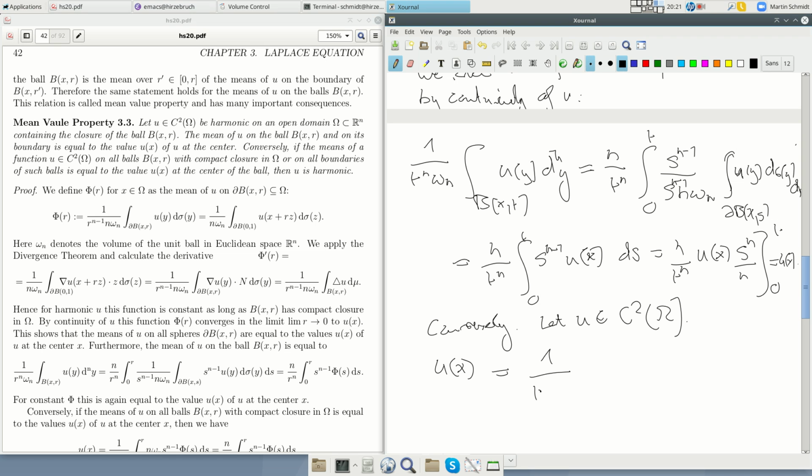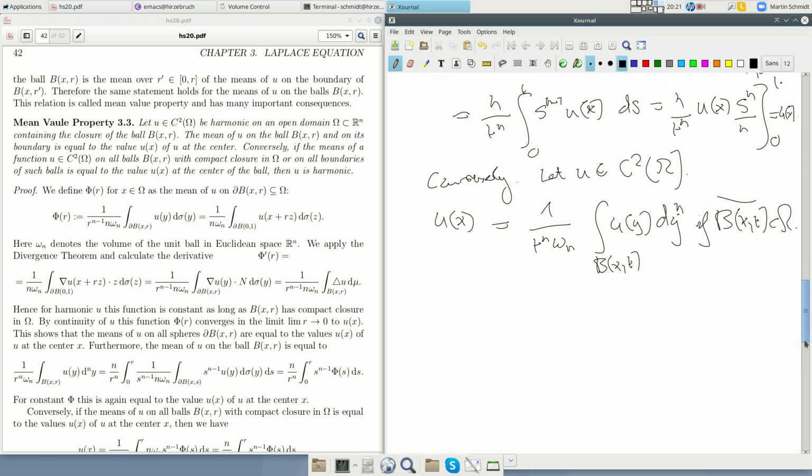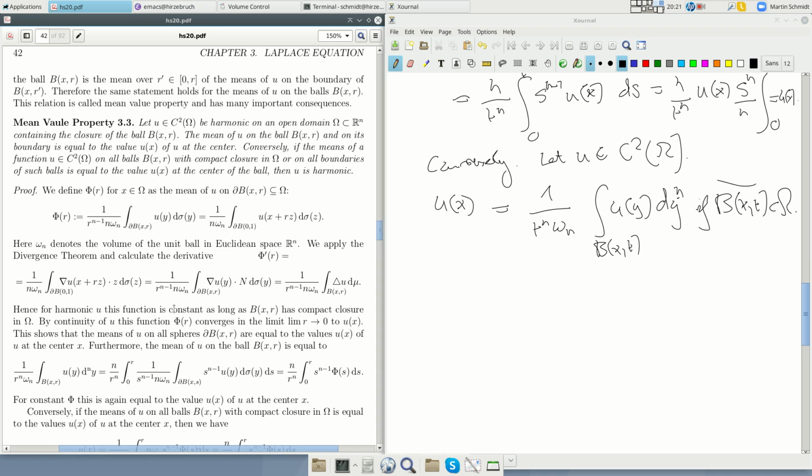Over the balls, 1 over n omega n R to the n, integral of u of y dy over all balls, if the closure of the ball is inside of omega. Let's assume that this holds. Then we can again use this nice formula.